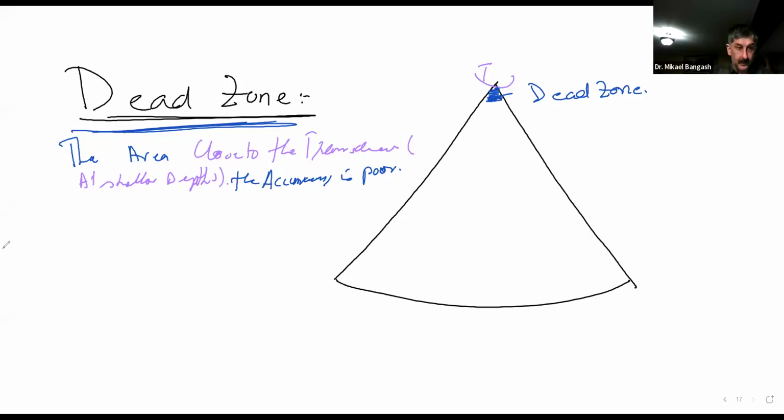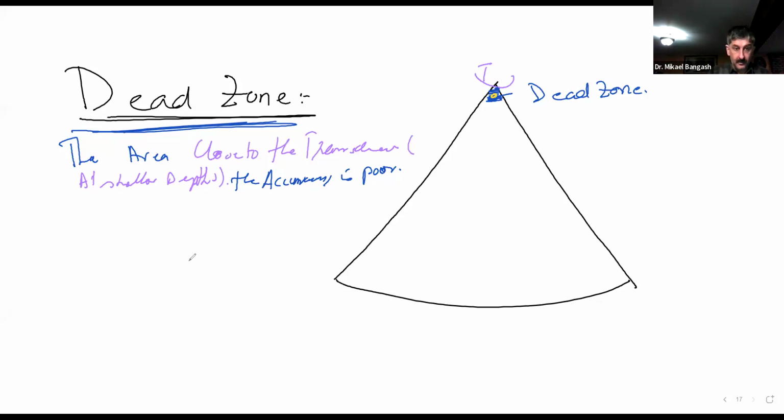Clear? Okay. Now let's say that you want to scan something in the dead zone, then what do we do? Let's say that there was a structure in this area here that we wanted to scan.